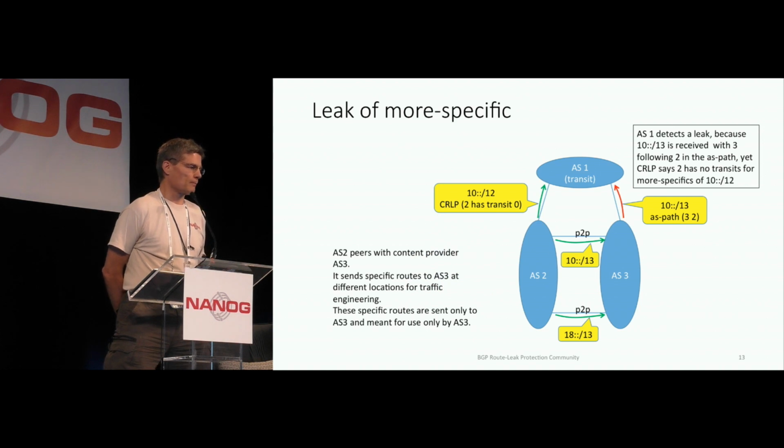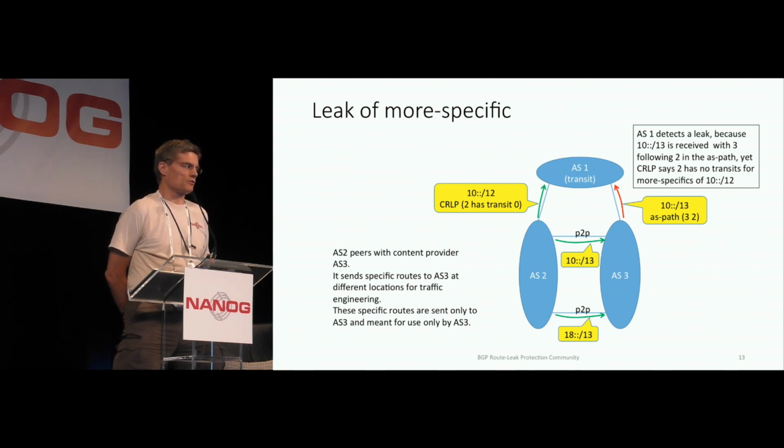Okay, this was the more specific that I was talking about. So AS2 peers with the content provider AS3. He has a route 10.0.0.0/12, that's his aggregated route that defines his total network, and he sends that to the internet.